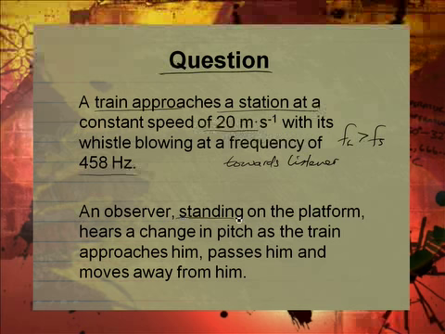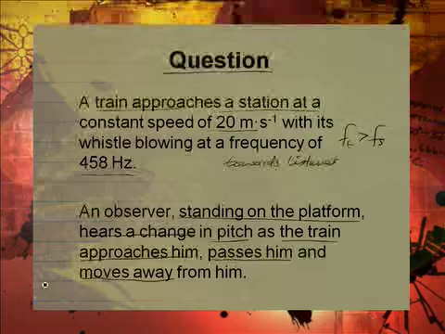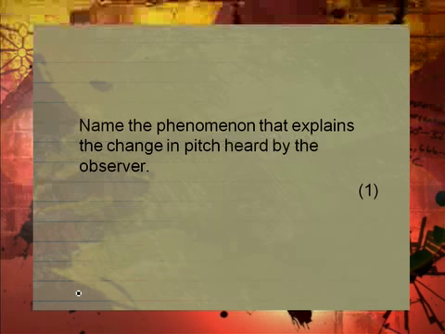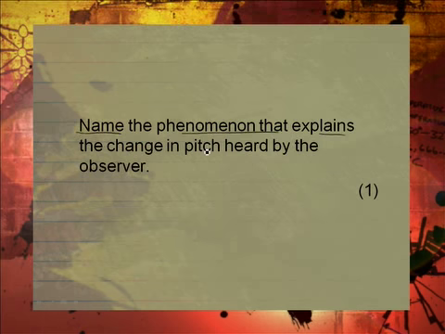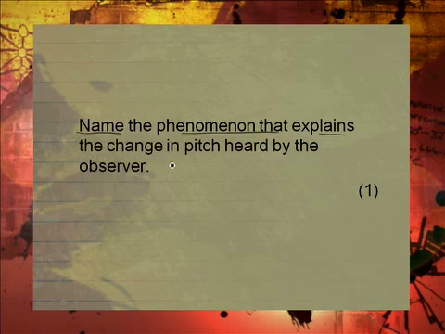An observer standing on the platform hears a change in pitch as the train approaches him. It passes him and moves away from him. Remember, pitch is what? Frequency of sound. Okay. Now, name the phenomenon that explains this change in pitch. Now, this is straightforward. You should be able to say this is Doppler effect.